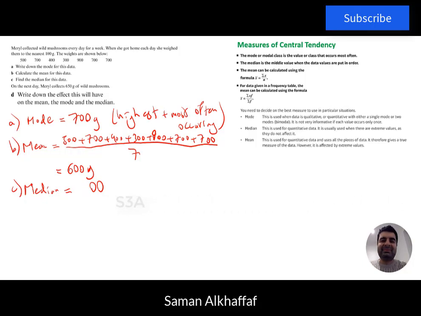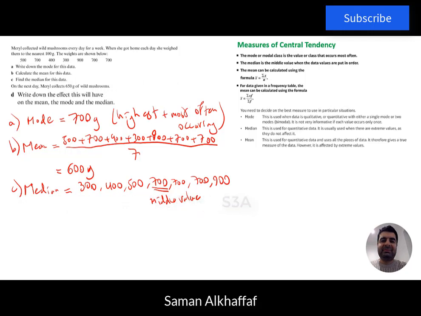So we can rearrange this information in terms of 300, 400, and we have 500, and we have 700, and we also have another 700 and another 700 and 900. So in this scenario, the median will be 700, the middle value.